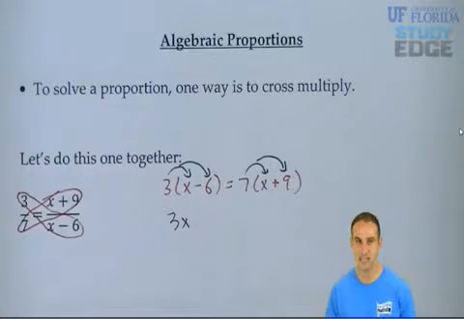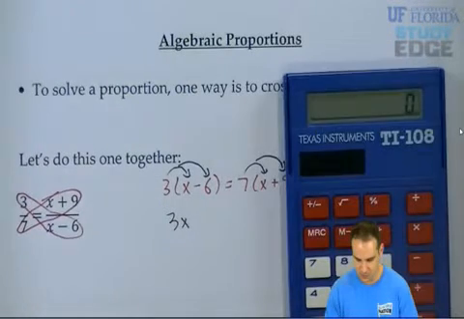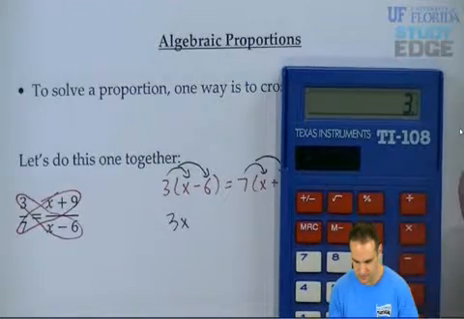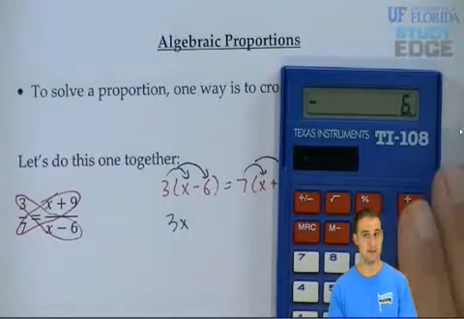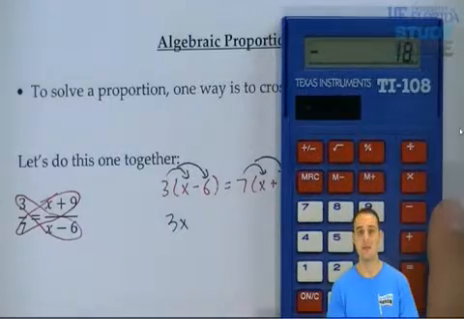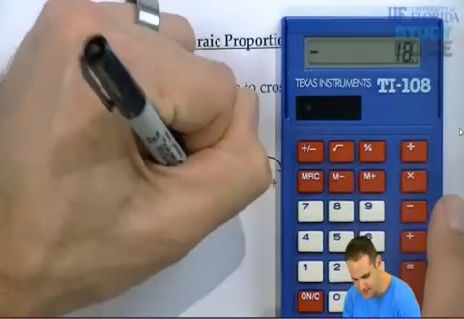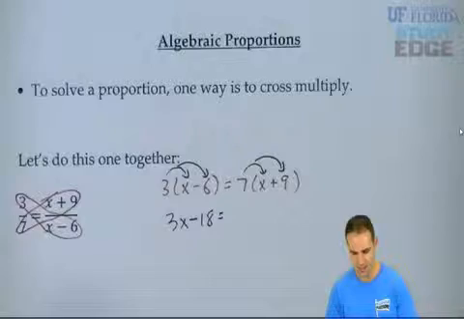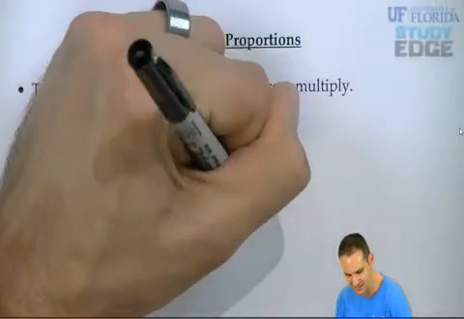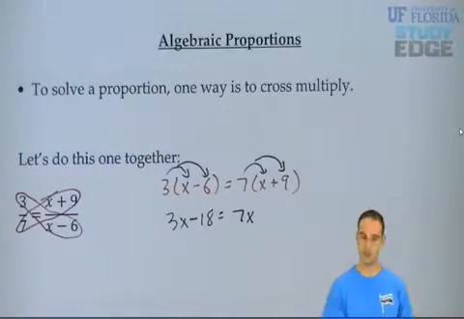Remember, positive times a negative will give you a negative. 3 times 6, make it a negative, would equal negative 18, or in this case, minus 18, equals 7 times x is 7x, 7 times 9.